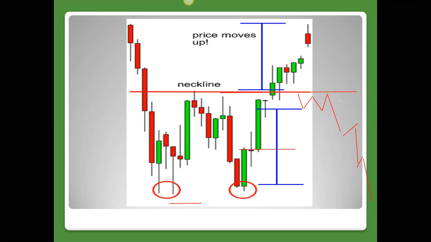So to prevent ourselves from getting caught in this type of scenario, you would place the first target at the neckline, because generally price will go and test the neckline. If it starts consolidating and is not able to break through the neckline, we know that chances are really high that the price will start coming down.